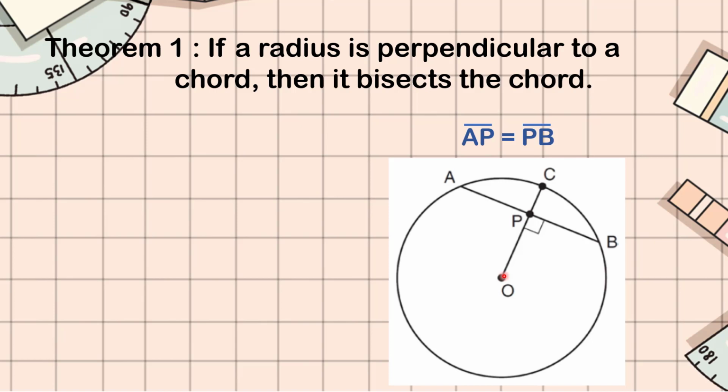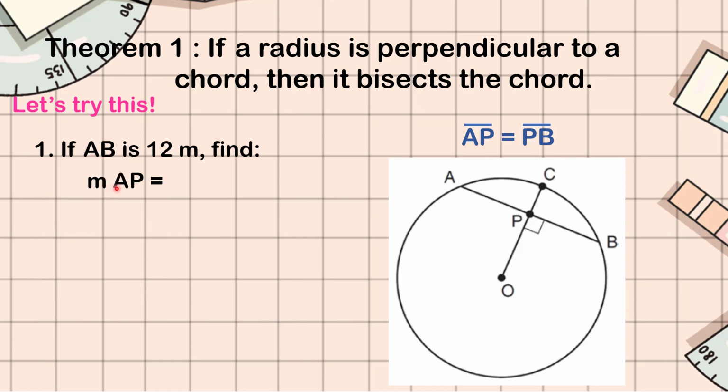Okay. To understand the theorem further, let's try this. Number 1. If AB is 12 meters, find the measurement of segment AP. So AB is given as 12 meters.